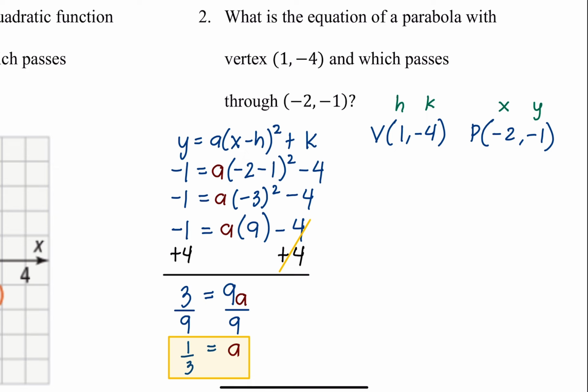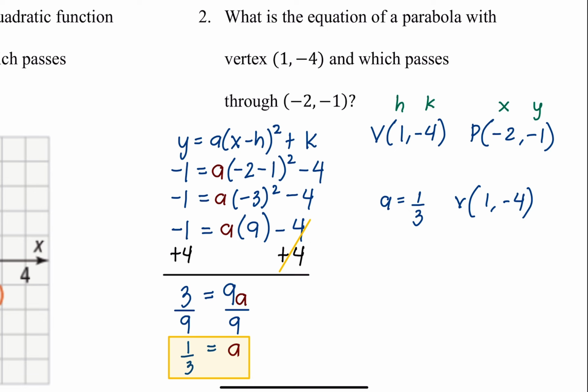Okay. Next, now that we found the value of a, which is 1/3, we're going to substitute the value of a and use the given vertex 1, -4, to find the equation. So again, class, we need a is equal to 1/3 and also the vertex, which is 1, -4.